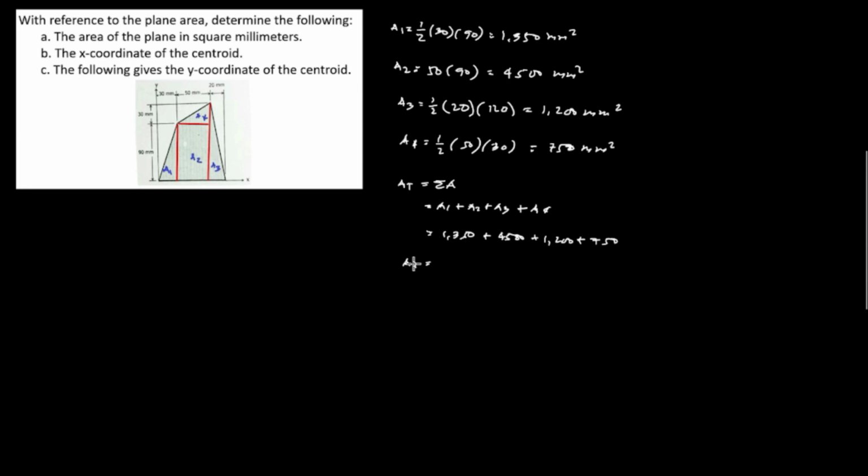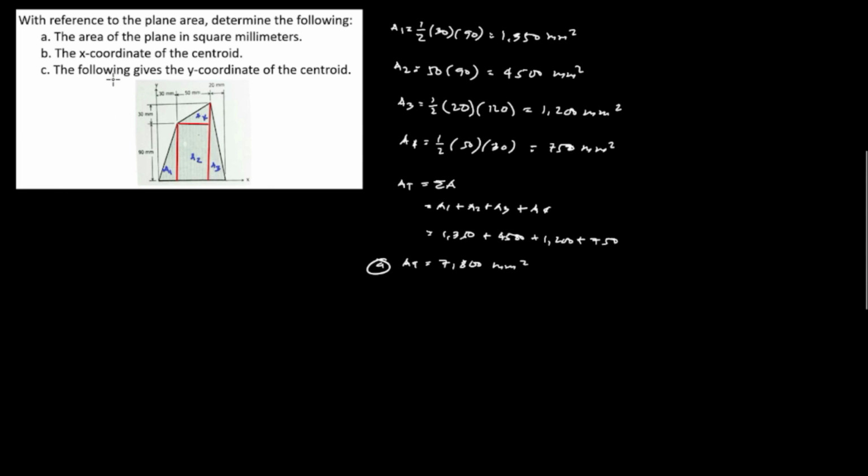So area total 1350 plus 4500, that's 5850 plus 1200 plus 750, or total area is equivalent to 7800, and it is in millimeters squared. The area of the plane is equal to 7800 millimeters squared. So this is letter A.